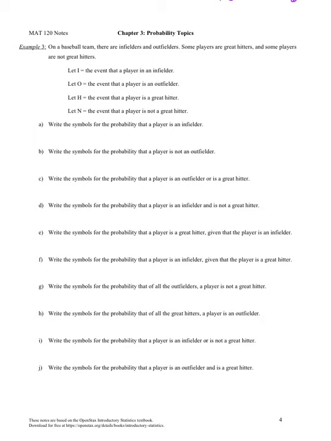So for letter A, write the symbols for the probability that a player is an infielder. For letter B, write the symbols for the probability that a player is not an outfielder. We can write this using the complement sign, but also notice this will equal the probability the player is an infielder.